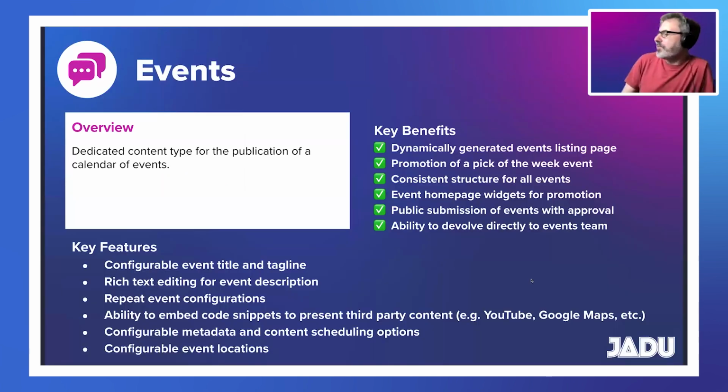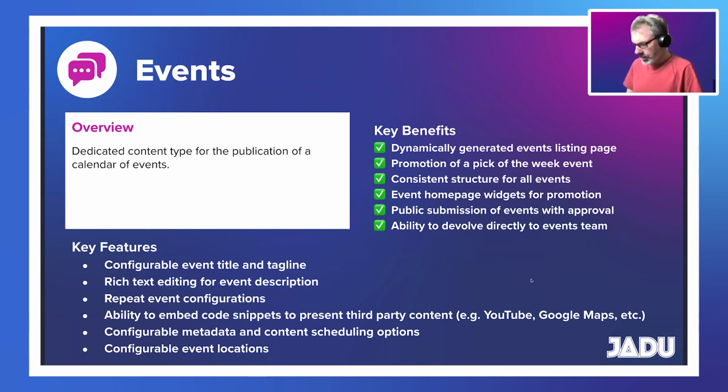Events, again, I've put this one in here just as it's one of our standard content types, but I would hope events is fairly self-explanatory. You can publish your events information, present all your events in a consistent way. There's a dynamically generated events listing page, the ability to have a pick of the week event.